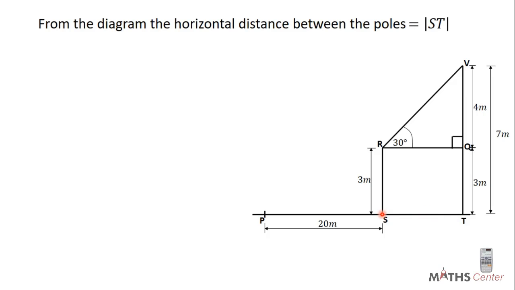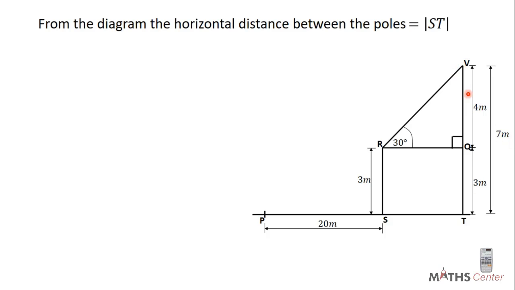Now look at what is happening here. From S to R is 3 meters, so we can say that from T to Q is also 3 meters. But we know that from V to T is 7 meters. So if from T to Q is 3 meters, then from V to Q will be 4 meters, because 4 plus 3 gives us 7.